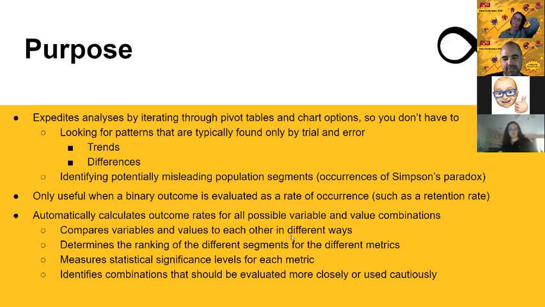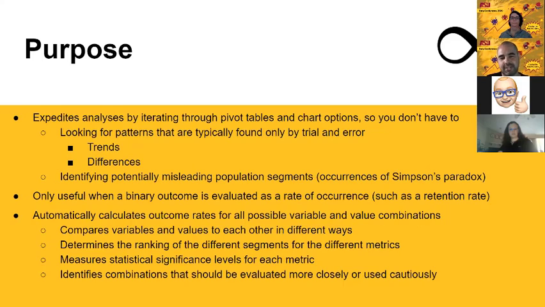Okay, so it's going to calculate an outcome rate based on that binary variable. So if your binary is, did they retain, yes or no, it's going to essentially calculate your retention rate. And it's going to do that for tons of different combinations of the covariates.